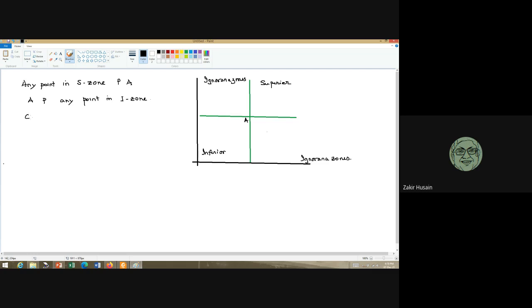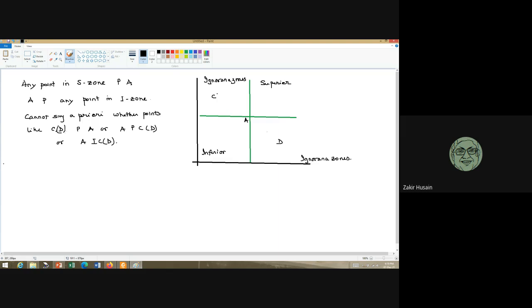But we cannot see a priori, a priori means beforehand, whether points like C and D are preferred to A, or A is preferred to C or D, or whether we are indifferent between C and A. So we don't know how to rank these three points.